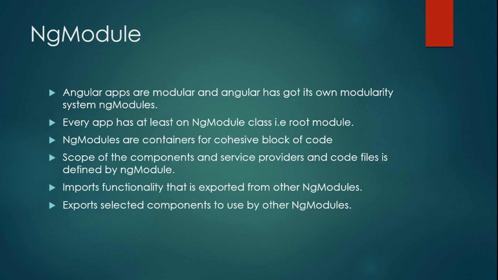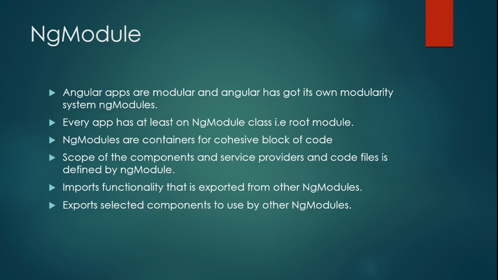The NgModule is the compilation context of that application. Every application has one root module, and that root module is bootstrapped when the Angular app is launched. It then bootstraps the main component that is defined in the bootstrap metadata property, and that component is loaded onto the page first.